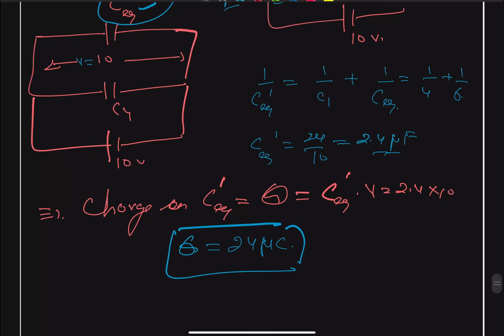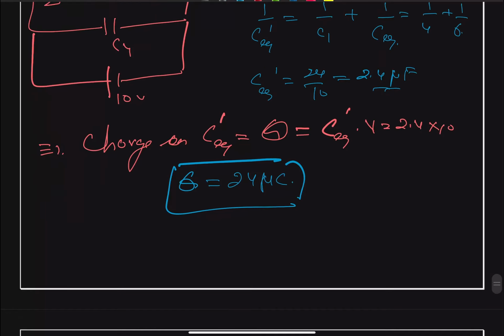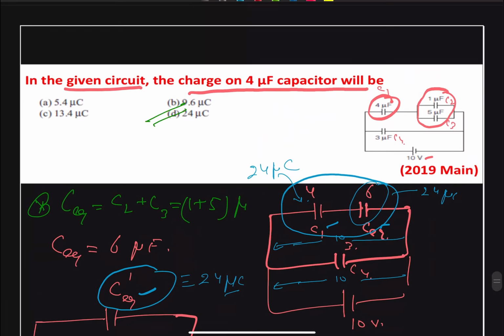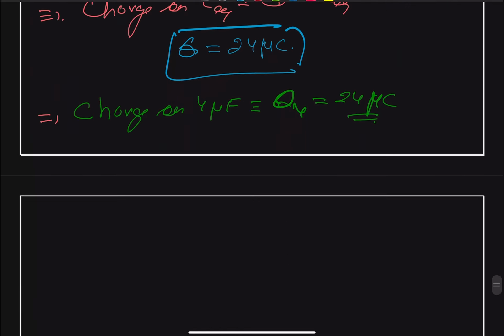Therefore we can say the charge on 4 microfarad, let us suppose Q4, will be equal to 24 microcoulomb. Therefore option D is the correct one. Option D is correct.